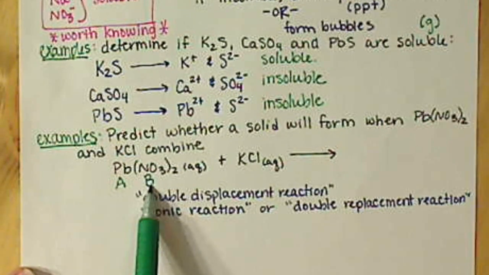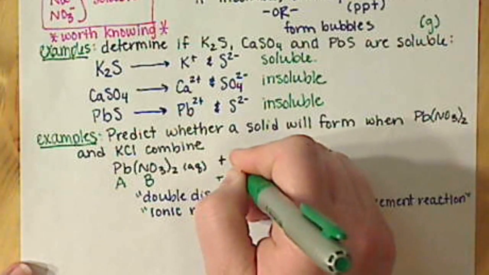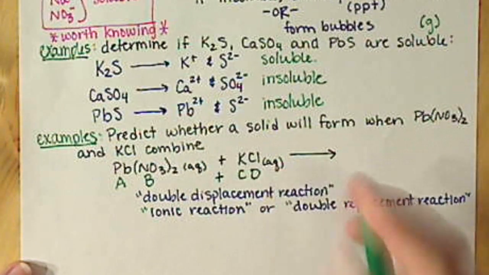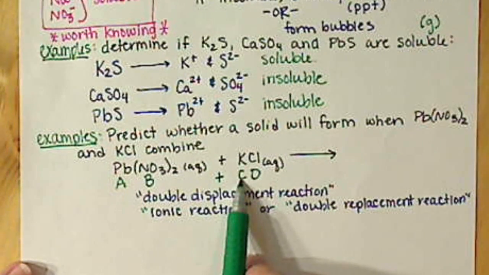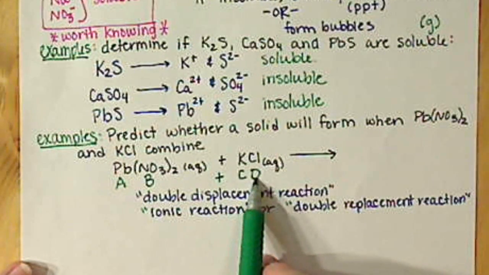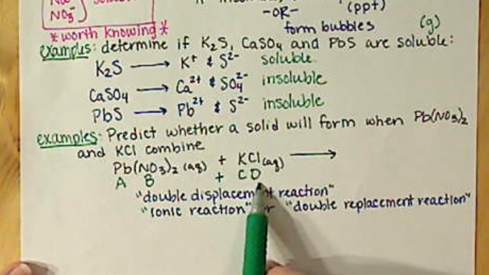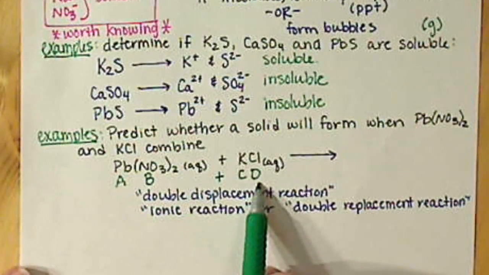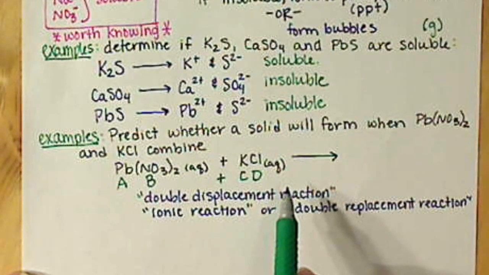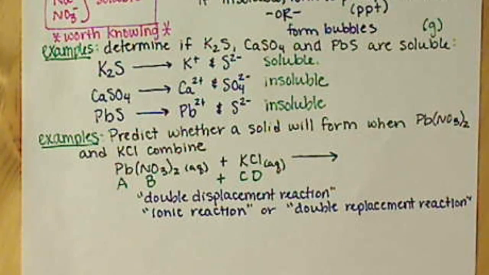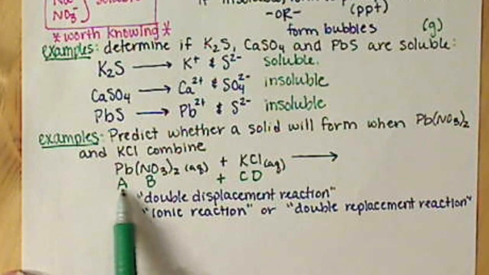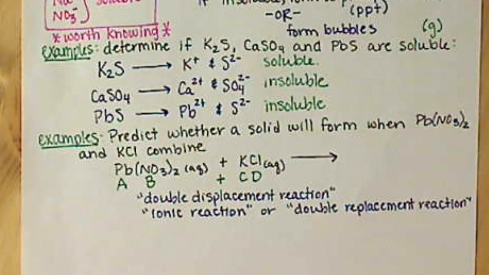So we're going to have AB plus CD, where C is the second metal in our second compound, and D is our anion, the nonmetal in the second compound. Basically, all that's going to happen is our ions are going to swap partners. Remember, ionic compounds like to be combined with a positive and a negative, so our positives and negatives are basically going to swap partners.